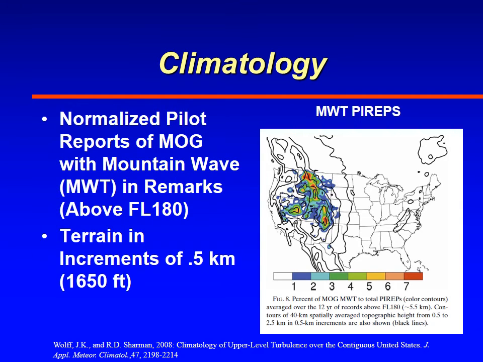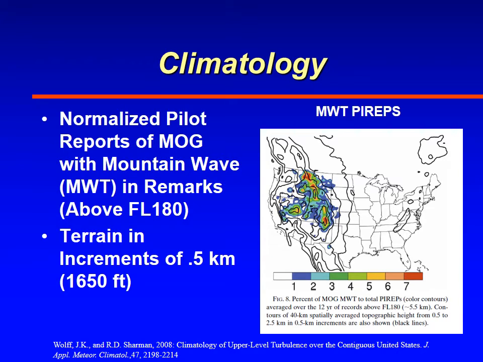Now, what they did was they took those same pilot reports and only looked for, in the remarks section, mountain wave. When they saw mountain wave in the remarks section, they took those turbulence reports out and plotted them and normalized them also by the total number of reports, and came up with a picture of where mountain wave turbulence occurs.